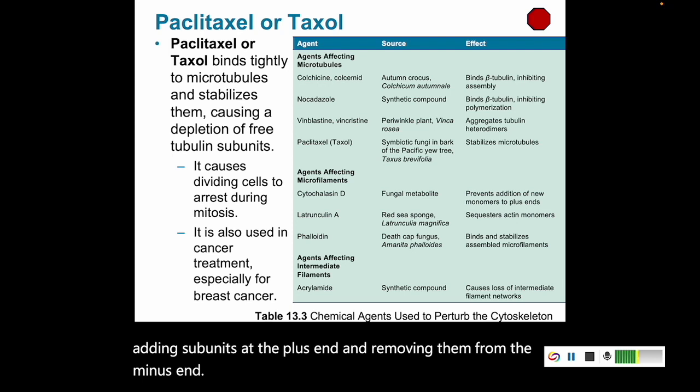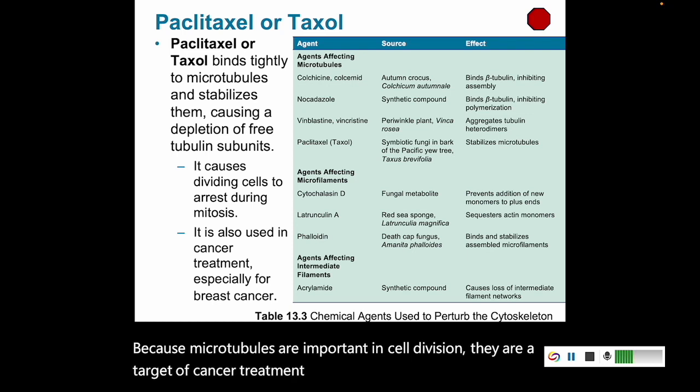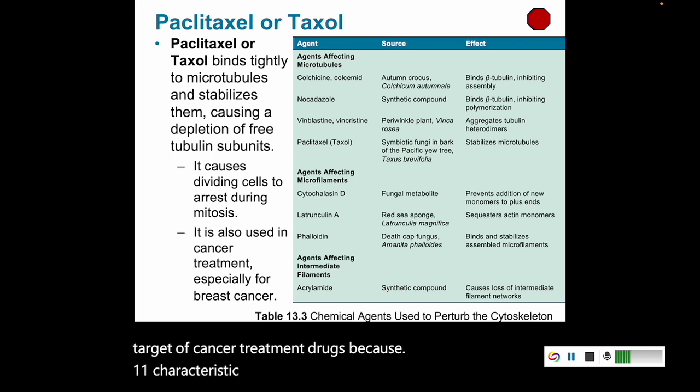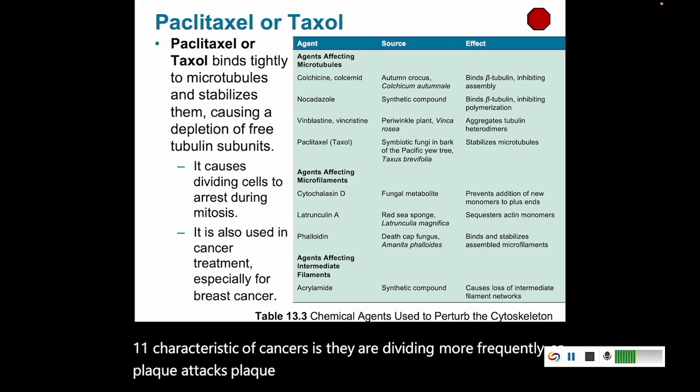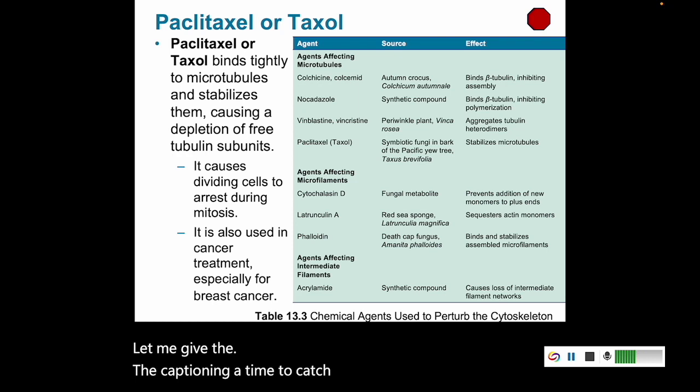Because microtubules are important in cell division, they are a target of cancer treatment drugs, because one characteristic of cancers is they are dividing more frequently. So paclitaxel and Taxol.